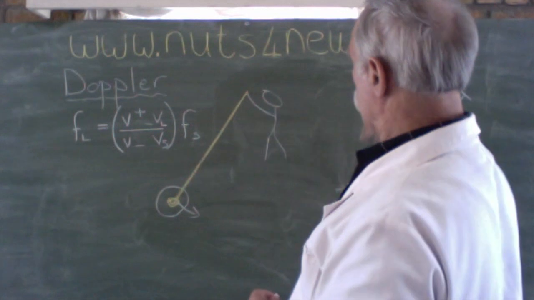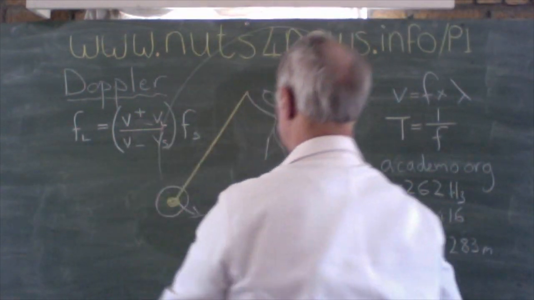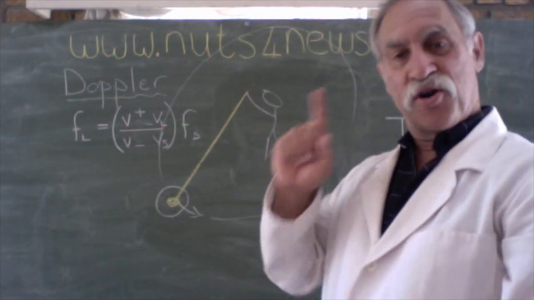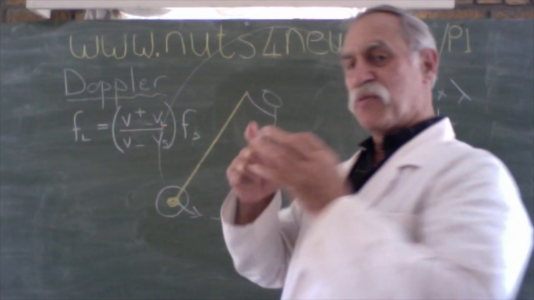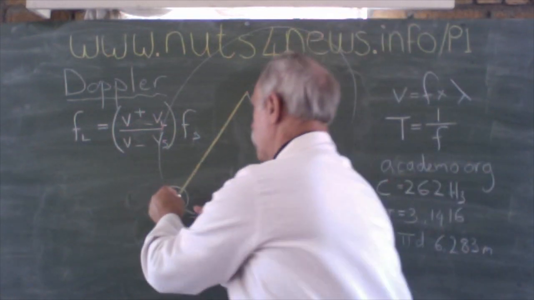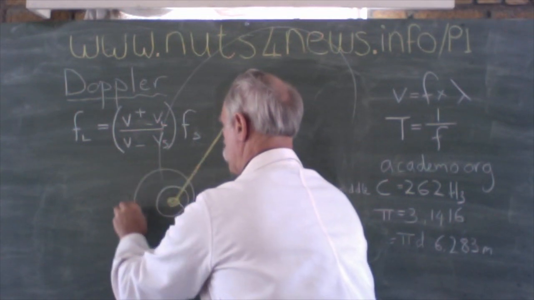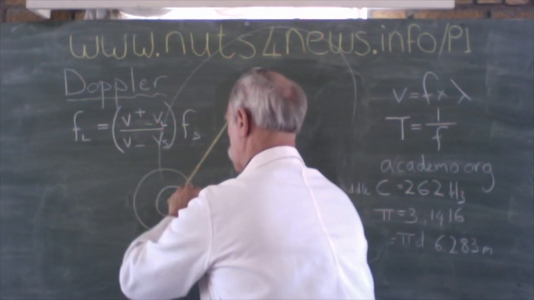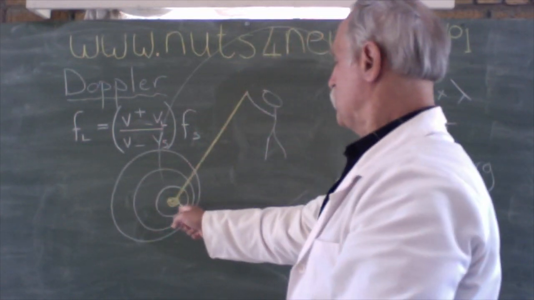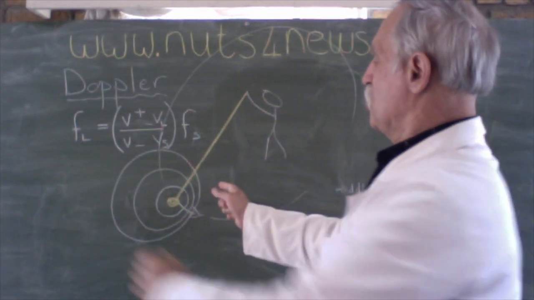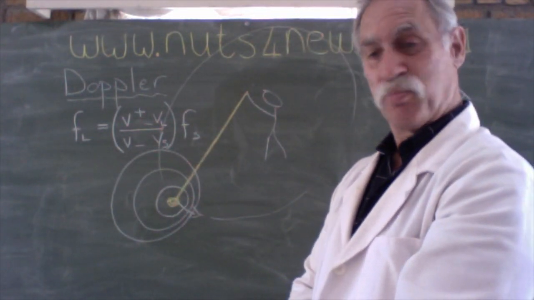But when it's moving, as we're swinging this around, because the source is moving, the ripples are, as this moves forward, we get these circular ripples formed, but every time this is moving closer to this side, so it squashes the ripples together, increasing the frequency as it approaches.